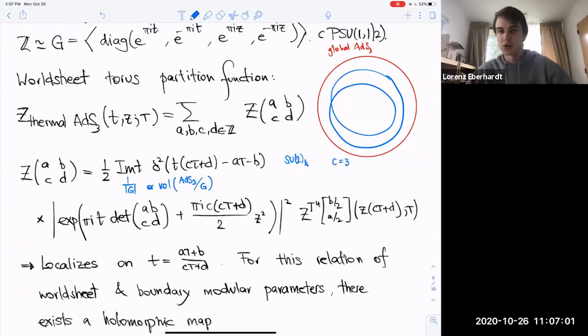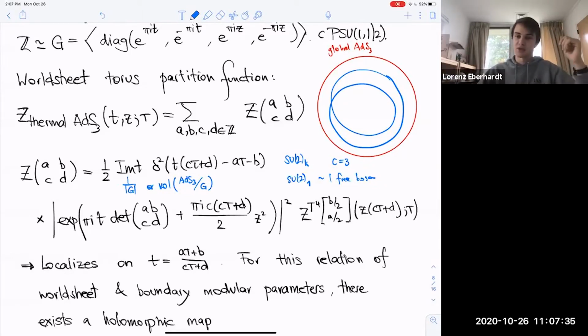On the other hand, if you put this level to be very small, and in the extreme case you put it to be 1, then this is just 1 free boson at the self-dual radius. So if you go from large level to small level, you lose 2 bosons. This is a more extreme incarnation of the phenomenon: when you go to very small flux, say flux 3, 2, you lose more and more degrees of freedom, and then suddenly at flux 1, you only have a single T4 left.